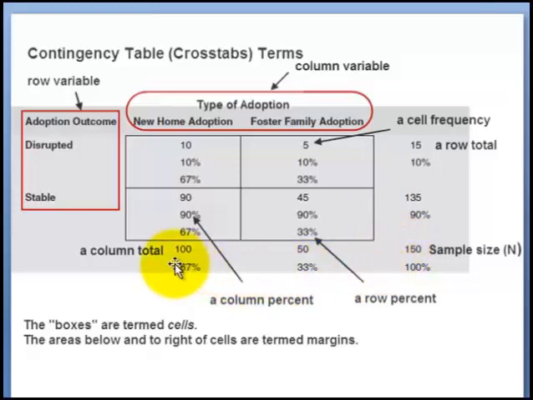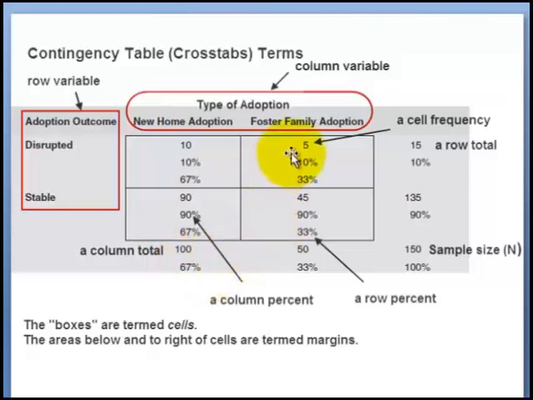The numbers at the bottom of the table are our column totals. So we have a total of 100 new home adoptions in our sample, and that includes 10 that disrupted plus 90 which were stable, which sum to 100.